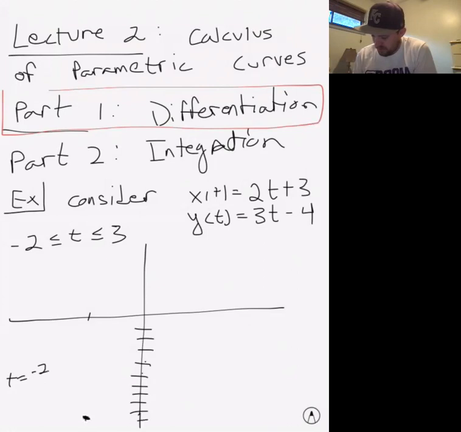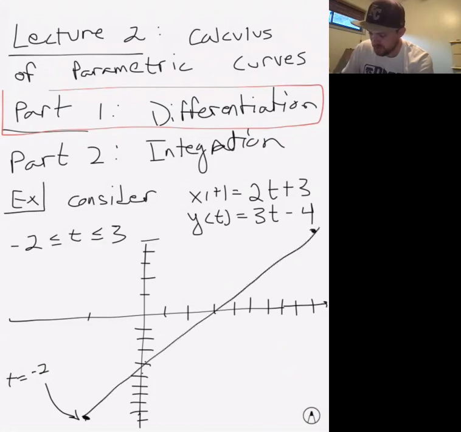Okay, so here's our point when t is -2. And then when t is 3, we should be out at 9, and then up to 5. Okay, so you have something like this. Again, this is just a sketch, but we see it's indeed a line.